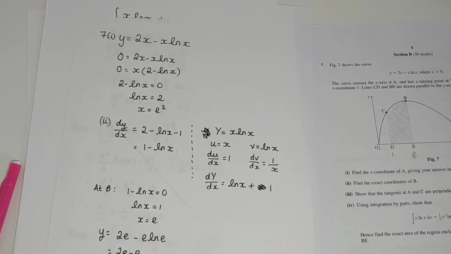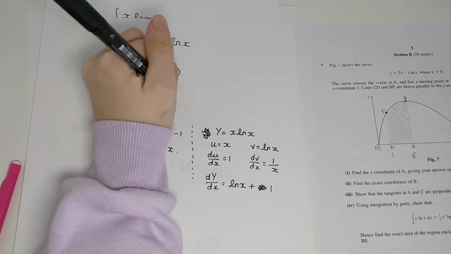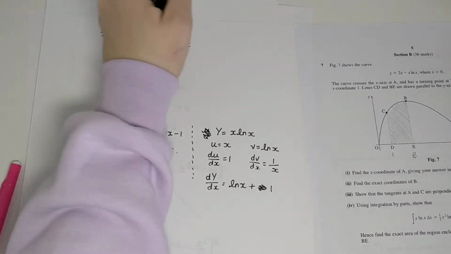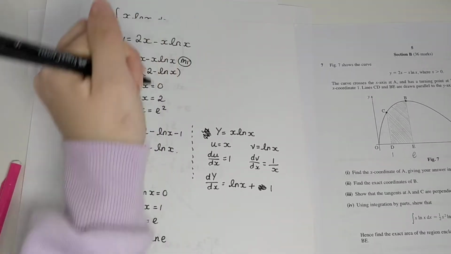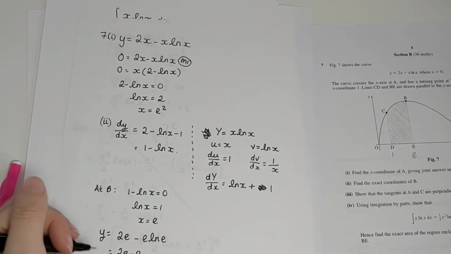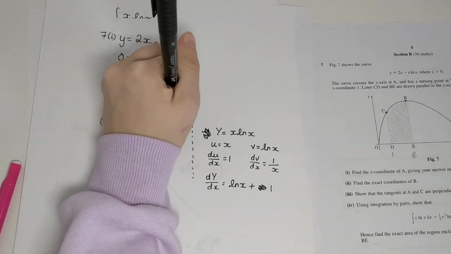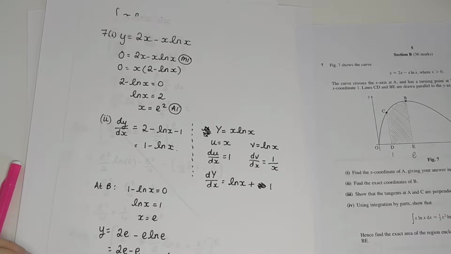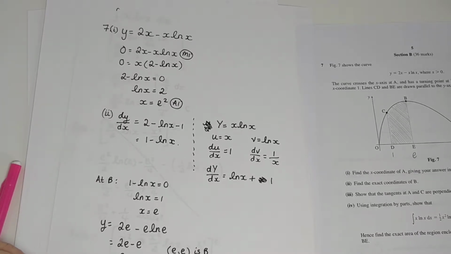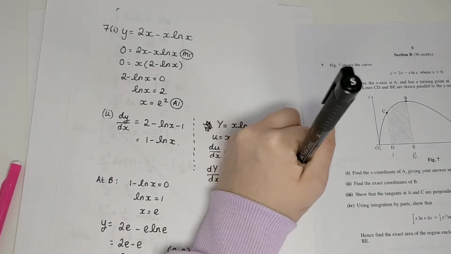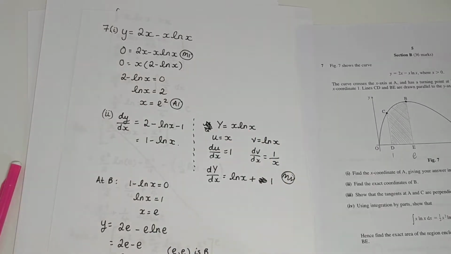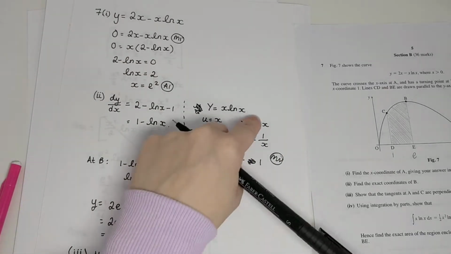So, we get M1 for equating to 0. We get A1 for the answer. We get M1 for using the product rule. We get B1 for knowing this.